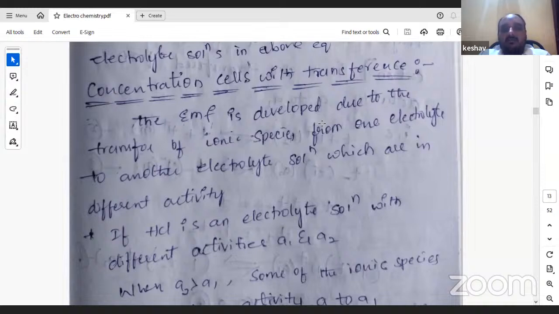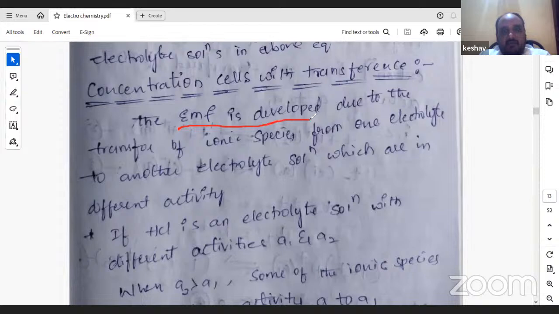That developed potential we are going to measure by applying the Nernst equation. So we have to see how to construct the concentration cells with transference, which type of electrolytes and what type of electrodes we can use, and how to apply the Nernst equation and get the result.